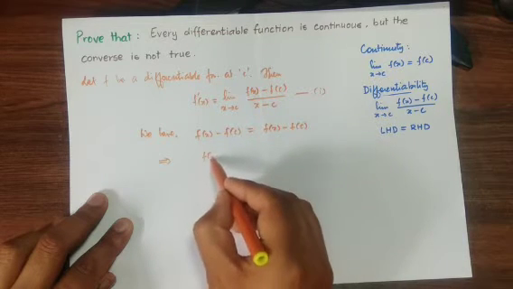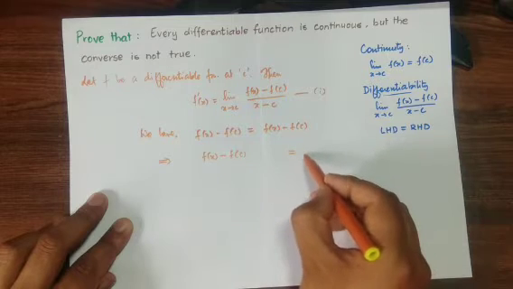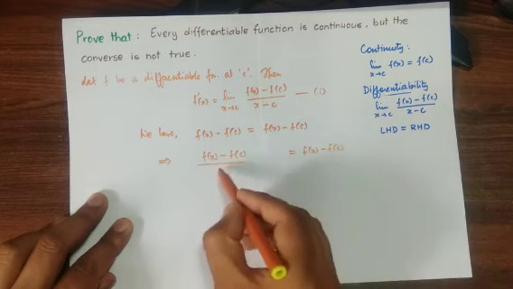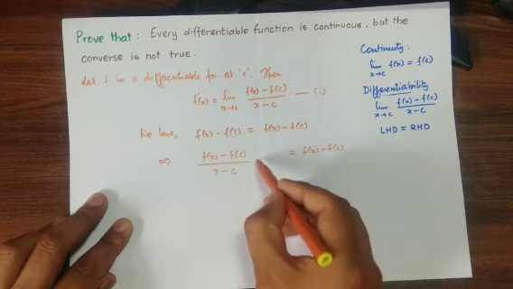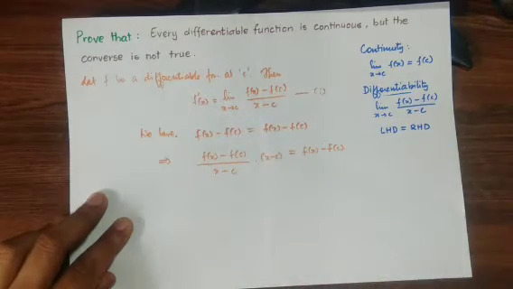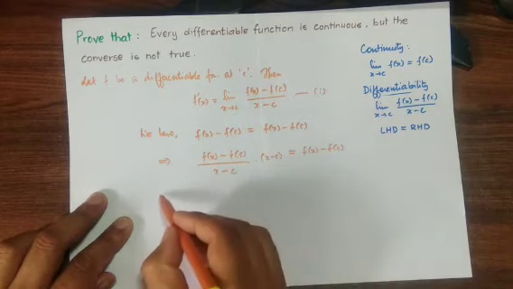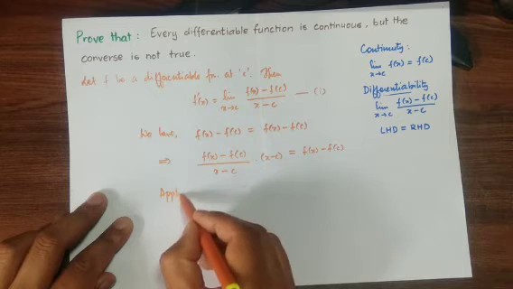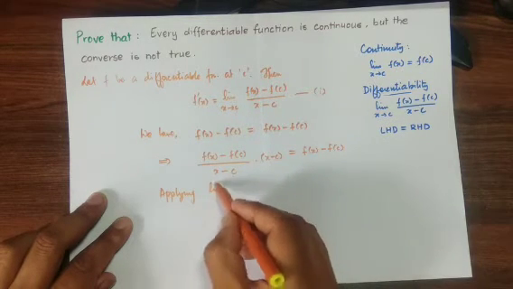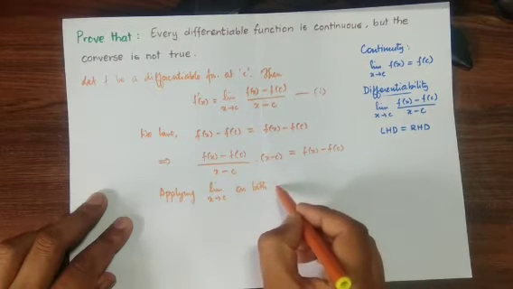So what I am going to do is, we have the same thing again, f of x minus f of C, right? Now I'm going to divide here by x minus C, and again I'm going to multiply it by x minus C, so both mean the same. Now I'm going to put limit on both sides. So, taking limiting value, limit x tends to C on both sides.